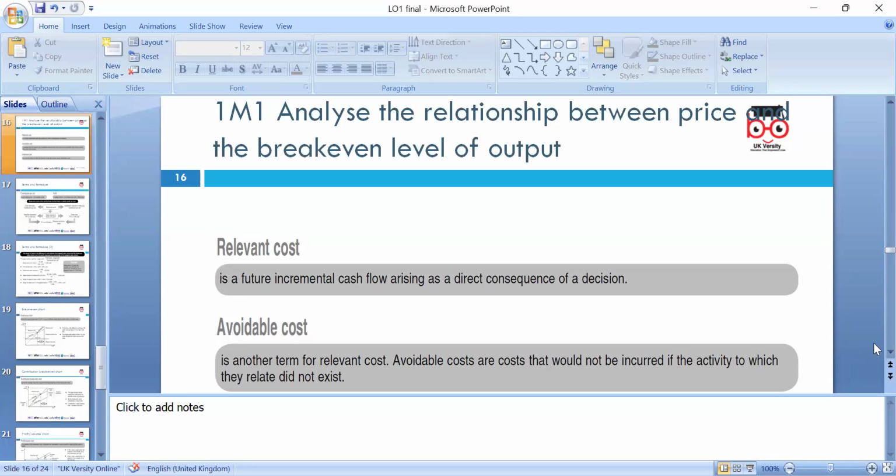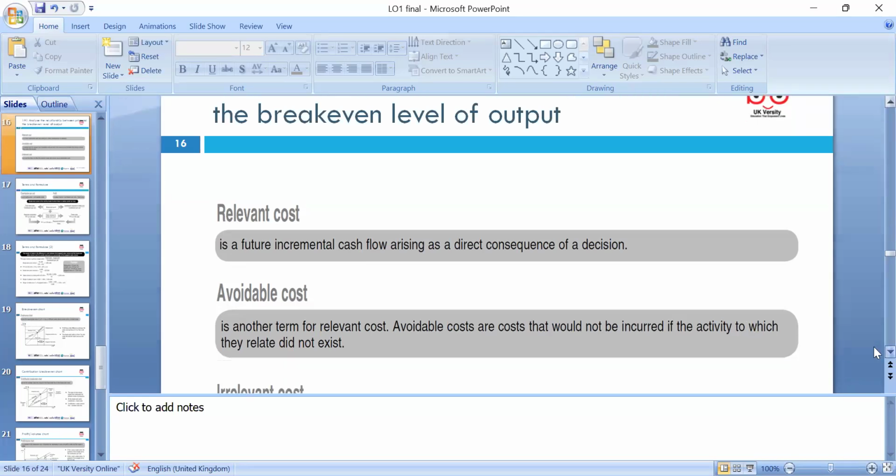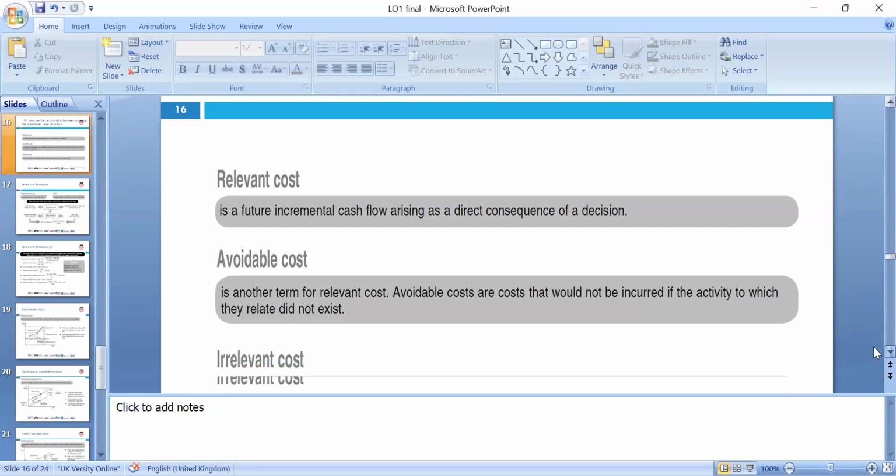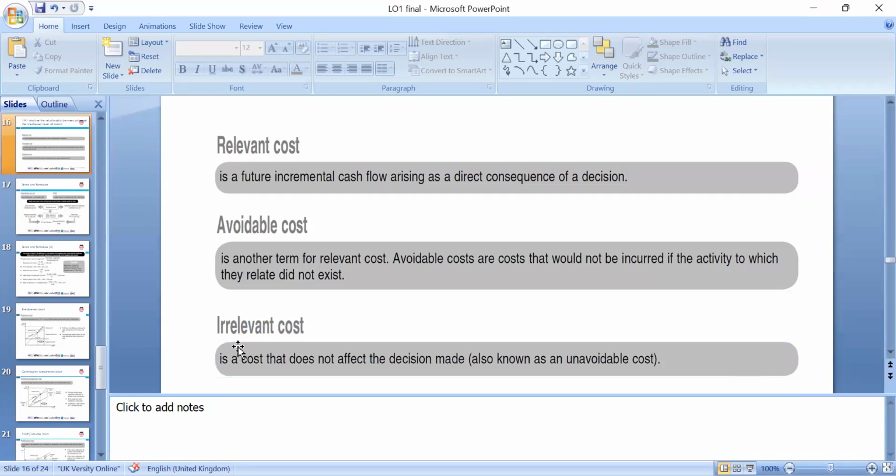If one person in the house stops living there, a second person can live in it. This is an irrelevant cost. It doesn't matter that one person is not living there, you still have to pay the rent and you still have to pay the council tax.